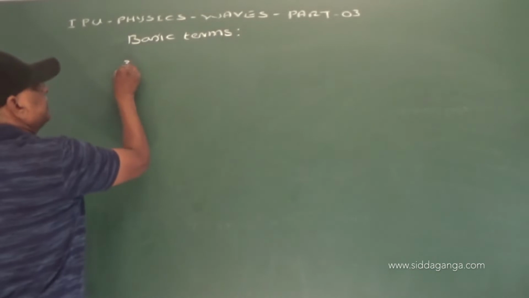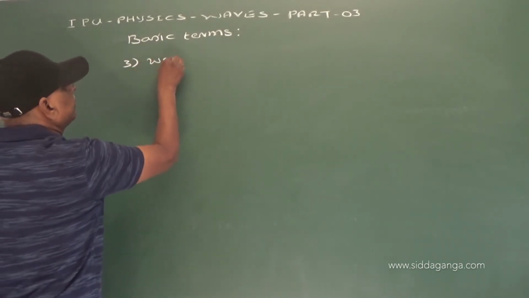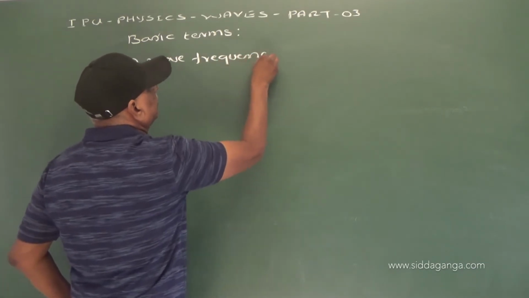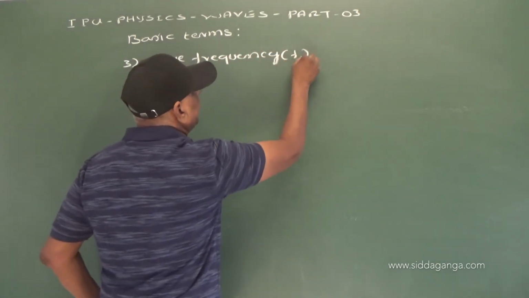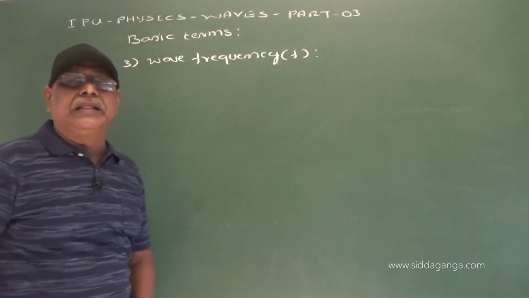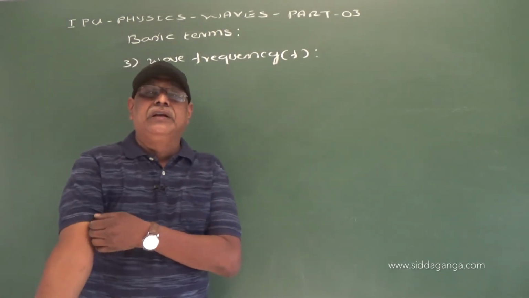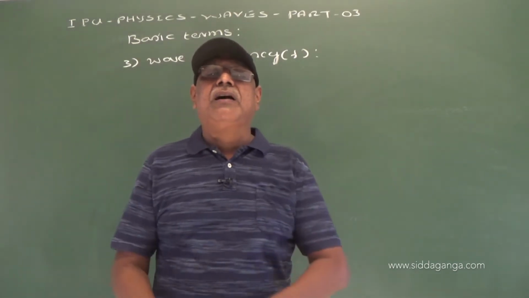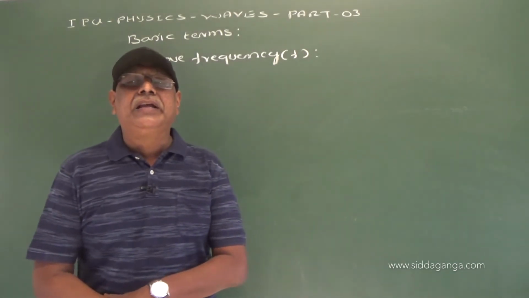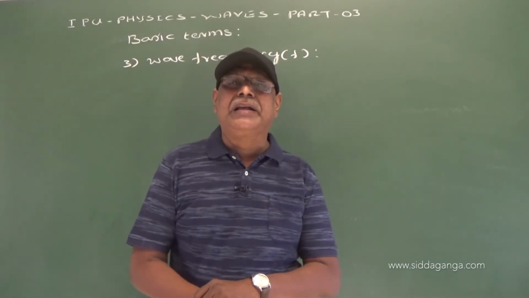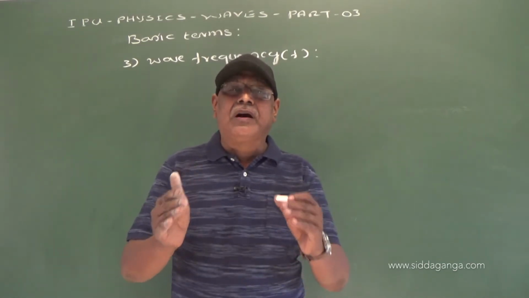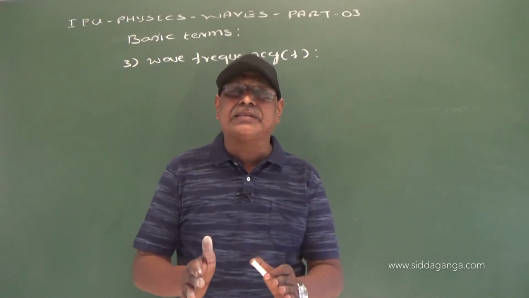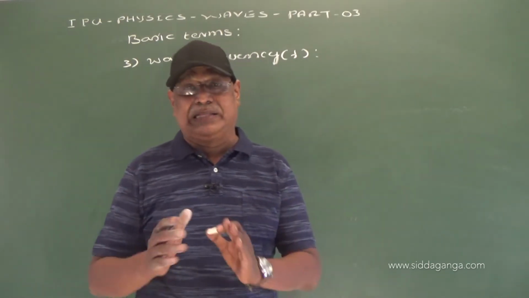So number 3, wave frequency, again denoted by the symbol F. Now, wave frequency, or frequency of a wave propagating through a medium, is the number of vibrations completed by the particles of the medium in 1 second.